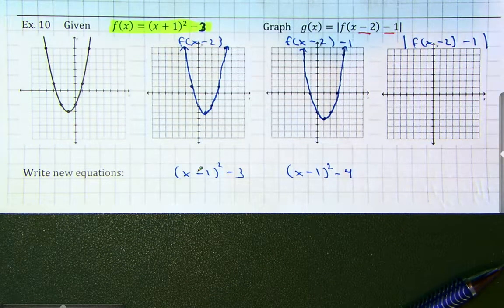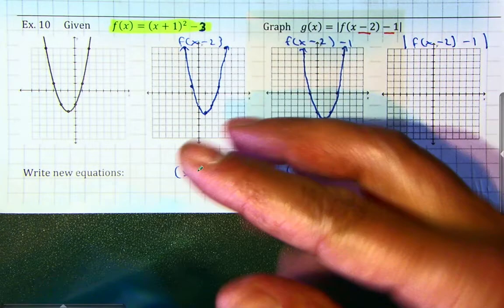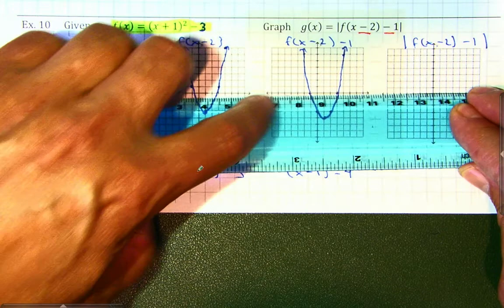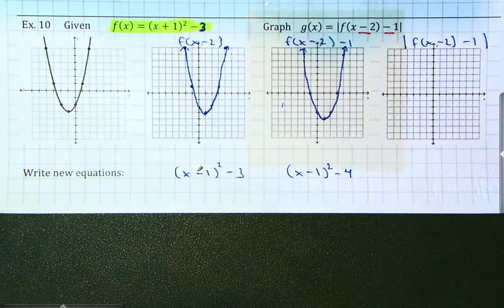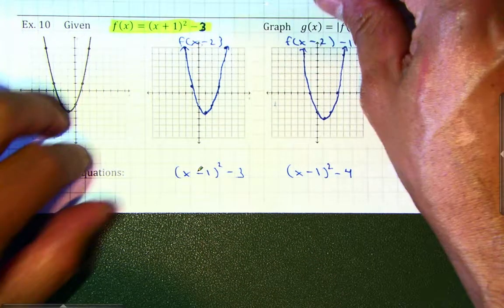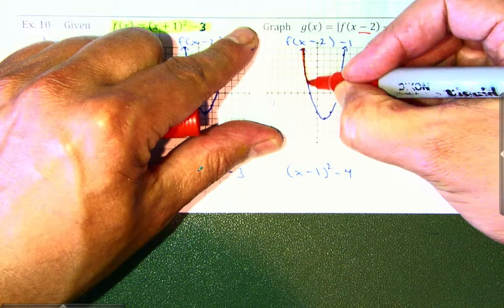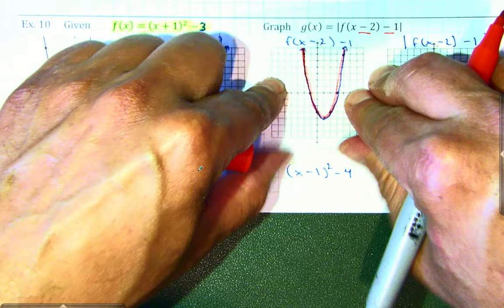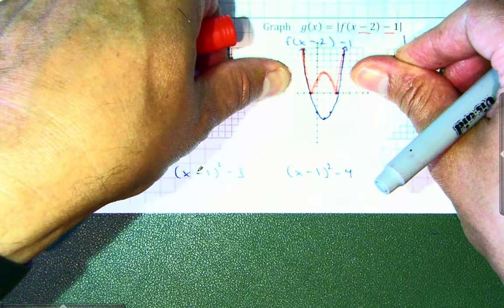So therefore, if we have all those values that are negative, all those values will become positive. So if we overlap it, the absolute value means that all those negatives become positive. So that's going to be your new graph, the one in red.